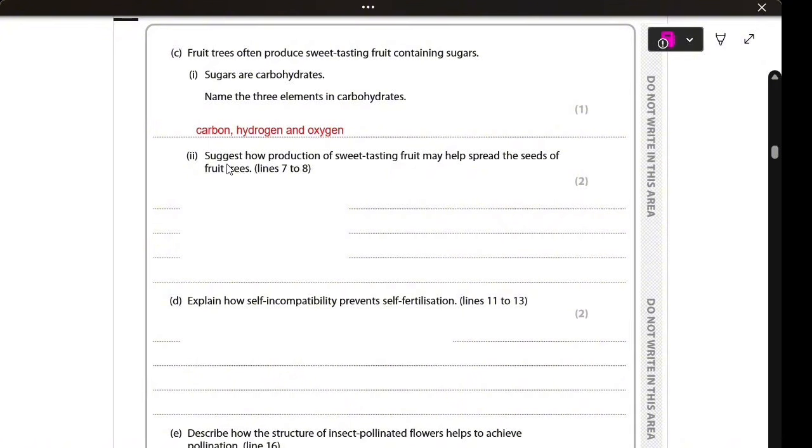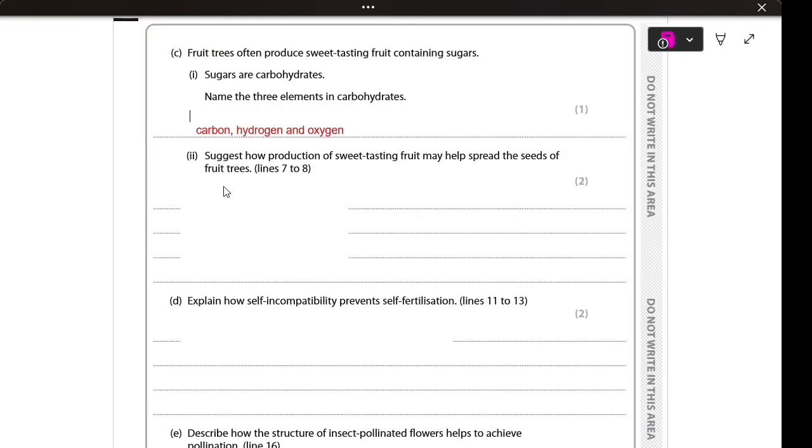Then they've asked, suggest how production of sweet tasting fruit may help spread the seeds of a fruit tree. So if a fruit is sweet, then more animals will come and eat them. Then the seeds they have eaten will not be digested because most of the animals do not have the capability to digest cellulose of the seed.